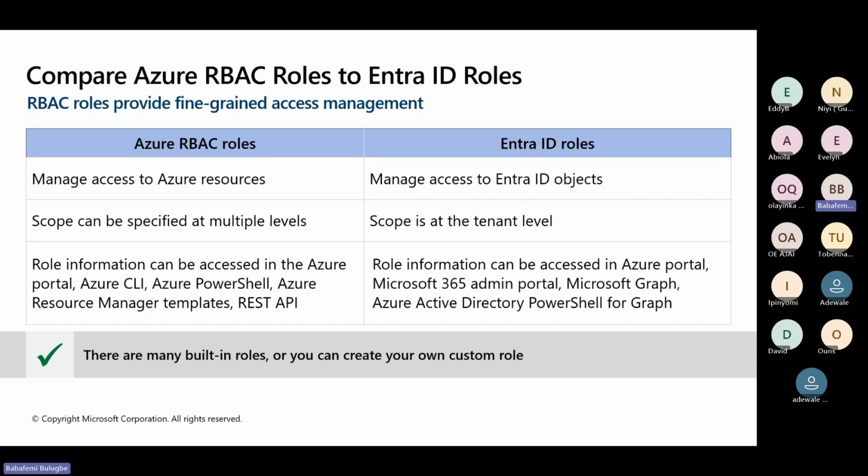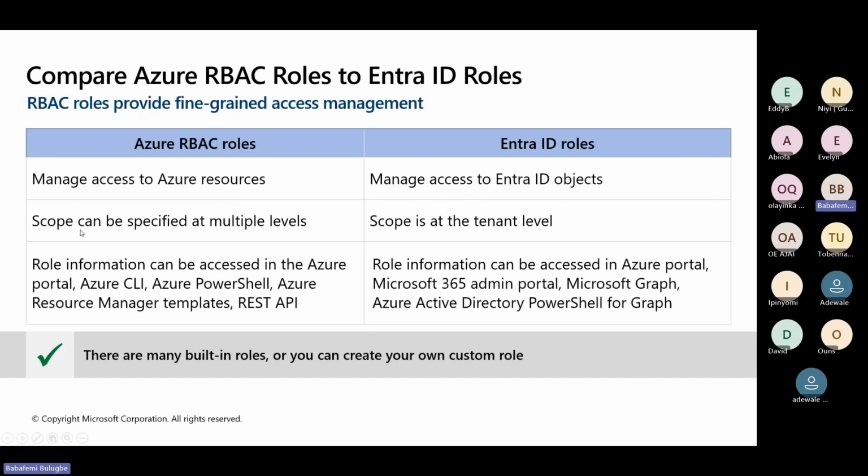So like I said, for you to be able to manage your resource, you need to be assigned an RBAC role, and that's why you can see here, manage access to Azure resources. And for Entra ID roles, which are tenant roles, they manage access to Entra ID objects, and those objects are what we've talked about, the users, groups, and application.